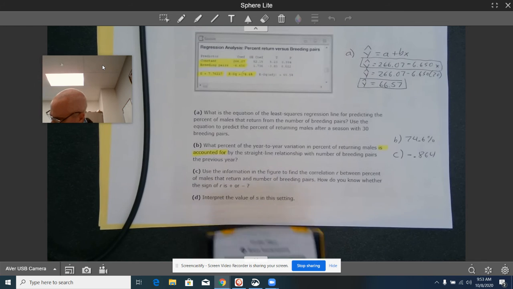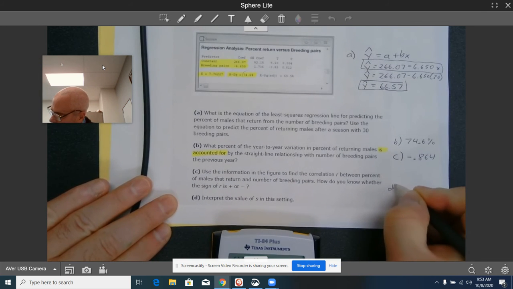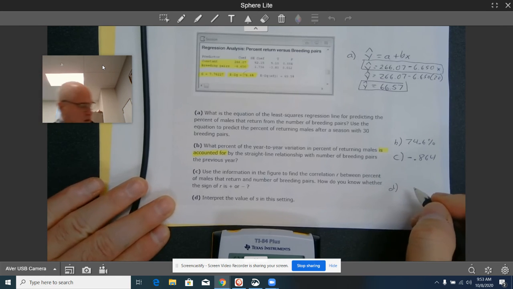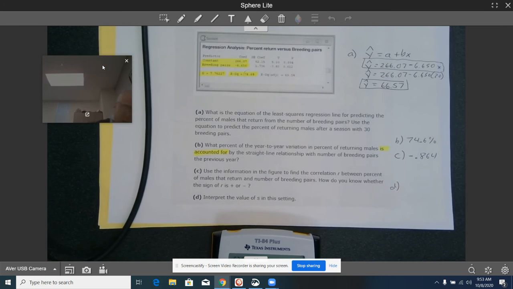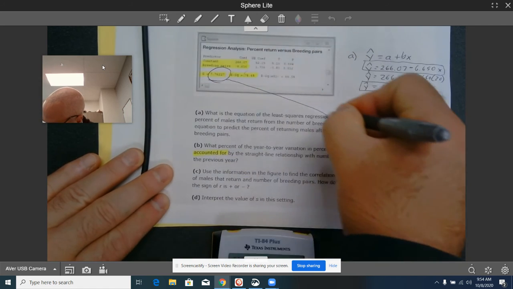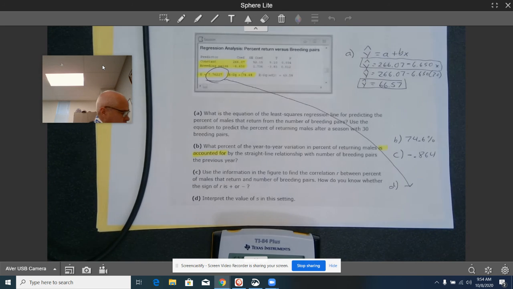Okay, and then part D says interpret the value of s in the setting. s is 7.76. It's kind of blurry on my output. It's this number right here. I'm going to read to you what you should say as your interpretation by looking at the answer.